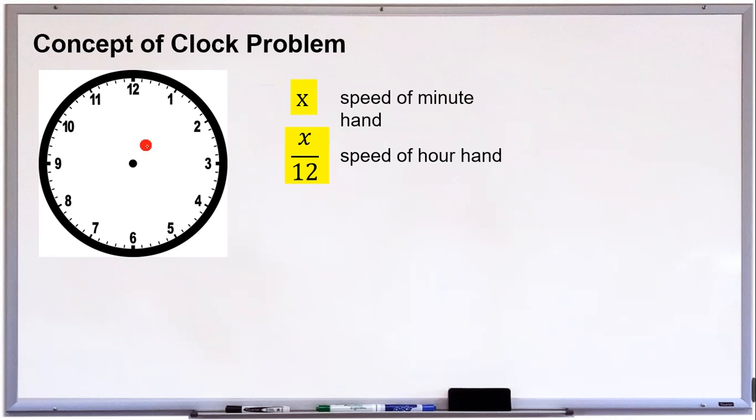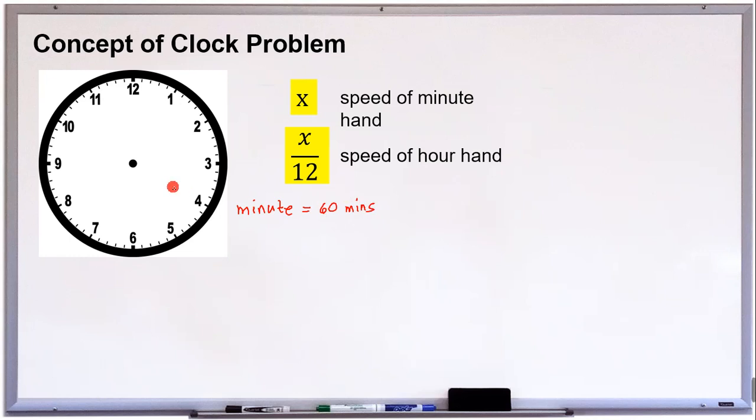For a typical problem, we are going to track the number of minutes covered by these two hands. For the minute hand, we all know that in 1 hour, it can cover 60 minutes.